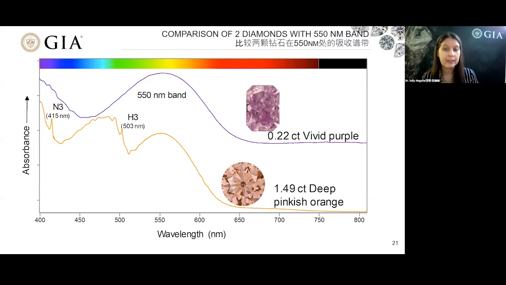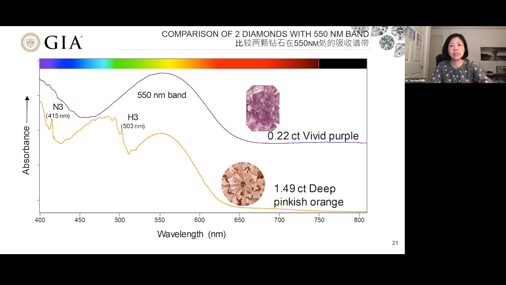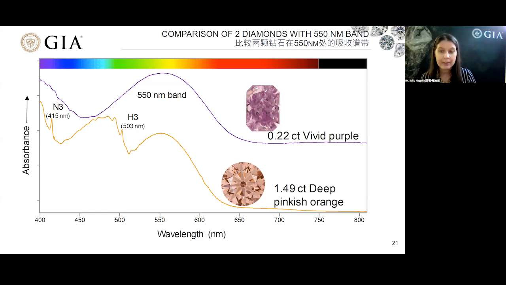In the bottom spectrum, we can see contributions from nitrogen-related defects that we discussed earlier, the N3 and H3 defects. 这2颗钻石都是粉钻，但颜色非常不一样，两者都有550纳米吸收带。下边这个有含氮的晶体缺陷N3和H3，它们把蓝区又吸收了一些，等于加了一点橙色调，所以这2个钻石颜色看起来不一样。If the N3 and H3 are present, it helps increase that overall absorption of the diamond and shifts the transmission window towards the red.